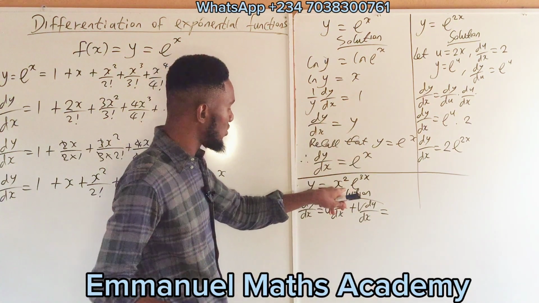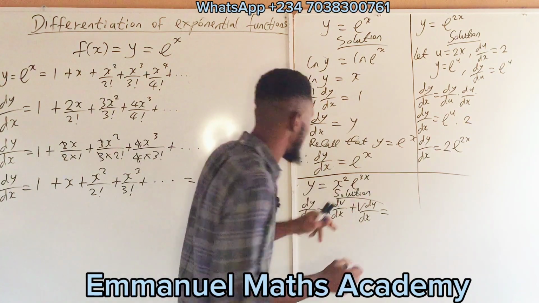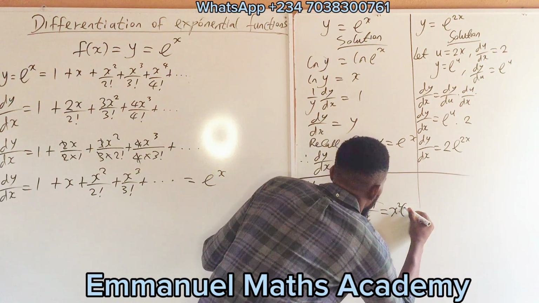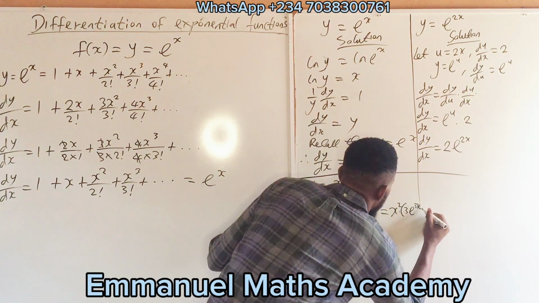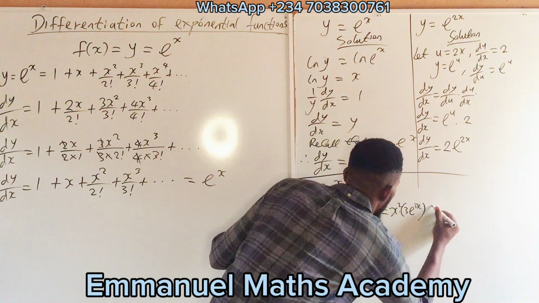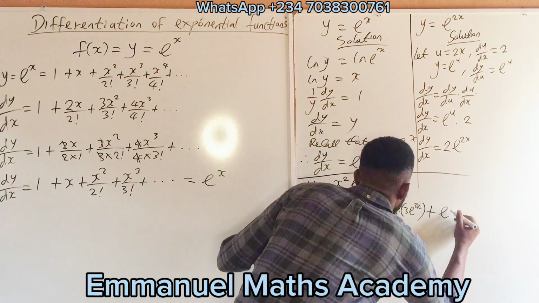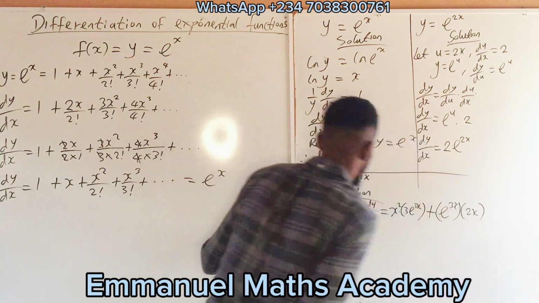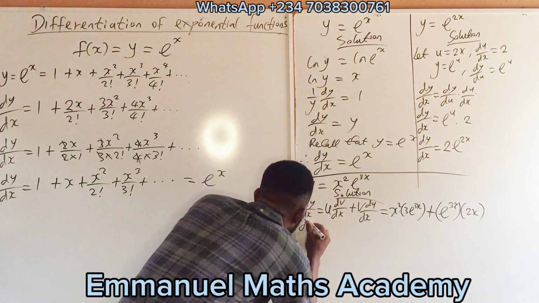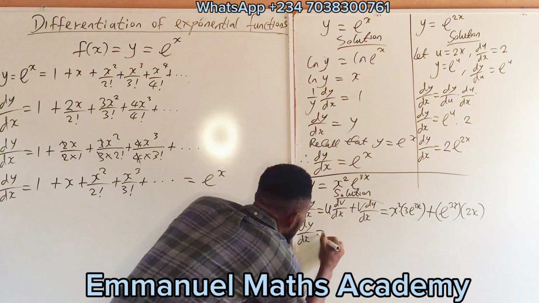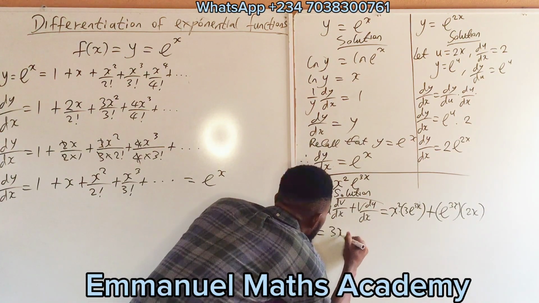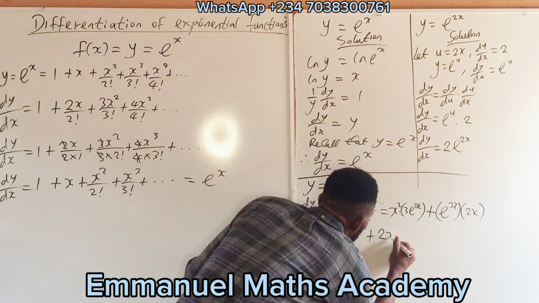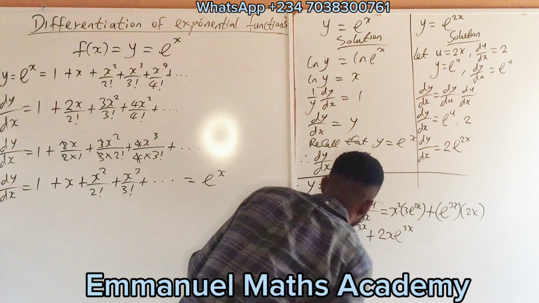Now keeping this u, differentiating this v with respect to x, you now have x squared times 3 exponential 3x, right? Plus keep this, differentiate this, you have 2x. Is that clear? Now, hence our dy dx is equal to 3x power 2 exponential 3x plus 2x exponential 3x.